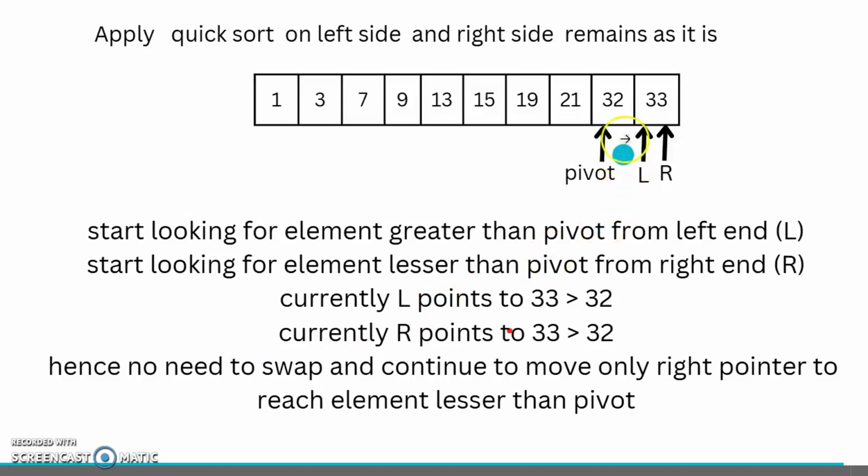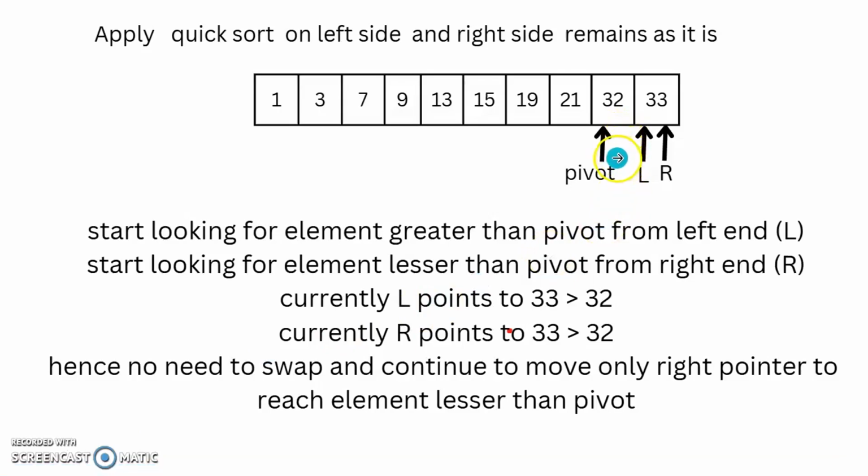The pivot element is 32 and only the last element is remaining. So both L and R point to 33. L points to 33, greater than 32, and R points to 33, greater than 32. But from the right side we are looking for an element lesser than the pivot.